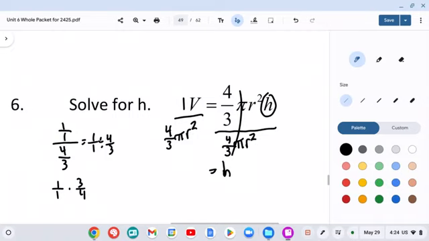And you guys learned that if you multiply by the reciprocal, you get what the new fraction would be as a single fraction. So now we have 3/4. And then on the top we have a v, and the bottom you have a pi r squared. So that would be your answer for h. And we used a little bit of advanced algebra there to get us to 3/4 instead of a 1 divided by a 4/3.